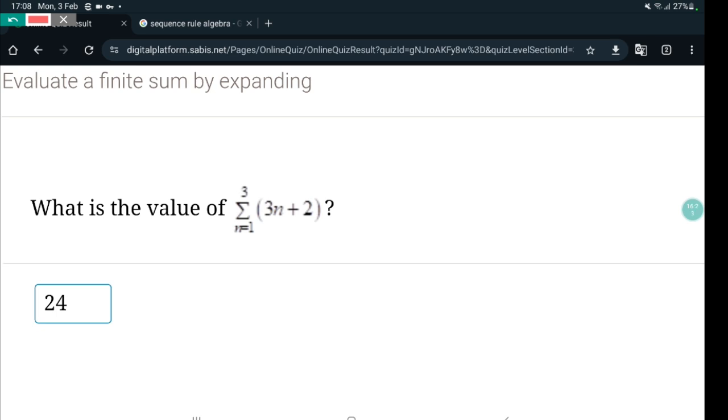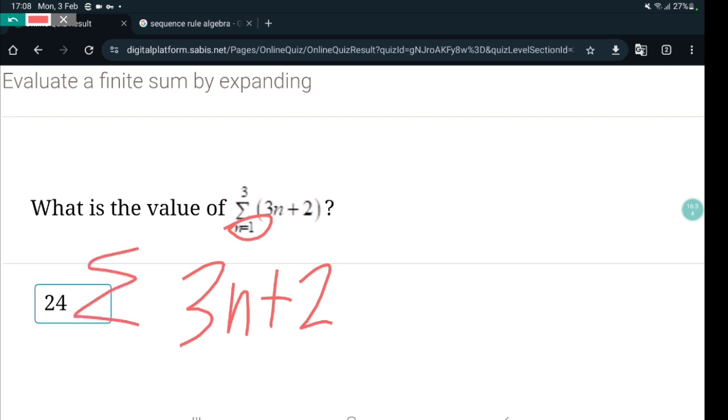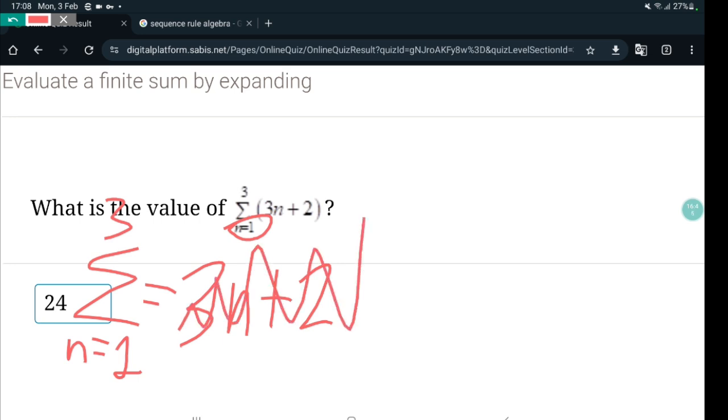Let's say we have 3n plus 2, and it says here n is equal to 1. So what does this mean? It means that the first number you're going to start with when solving for the sigma is, you substitute n with 1.